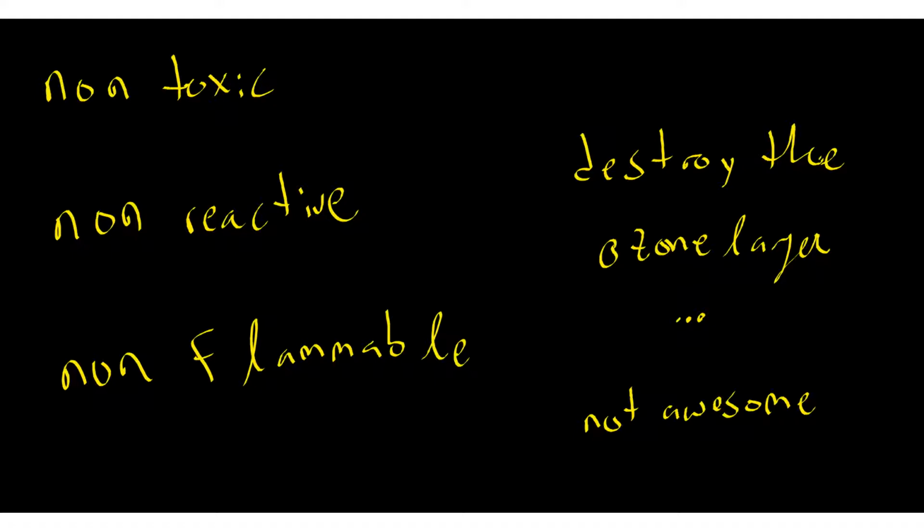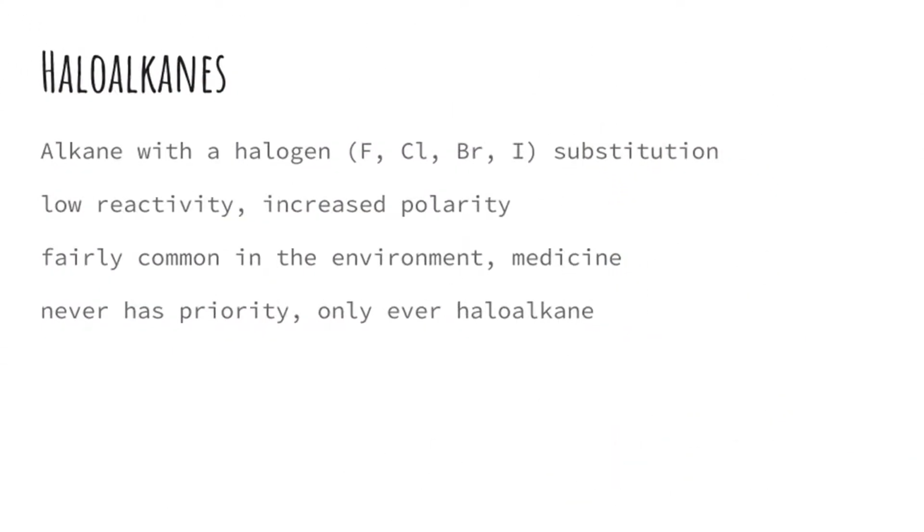So, haloalkanes have fallen out of favor in recent decades because even though they were the perfect answer for refrigeration and so on, now we know that they are really, really bad for us in the long term. Now they are principally used as intermediates. You pop a hydrogen off, you pop a halogen on, and that changes things very slightly.